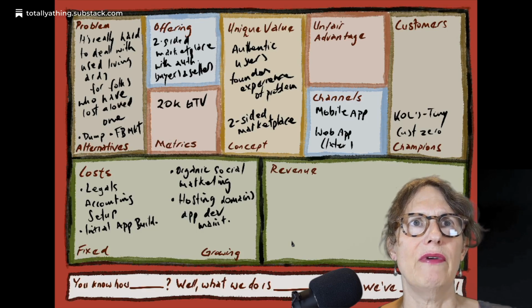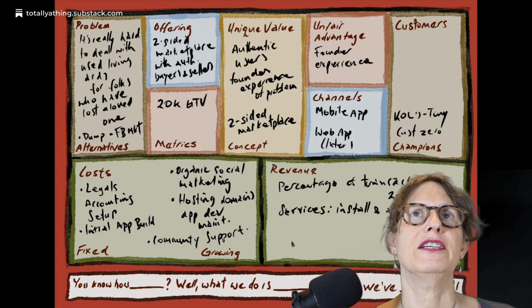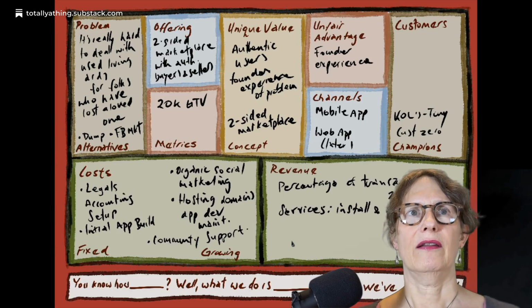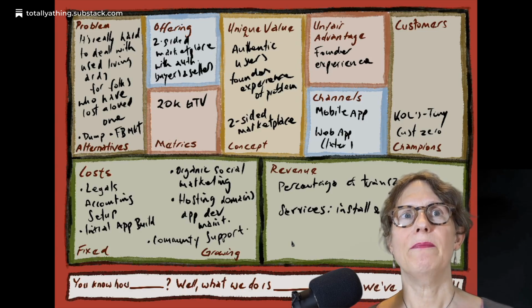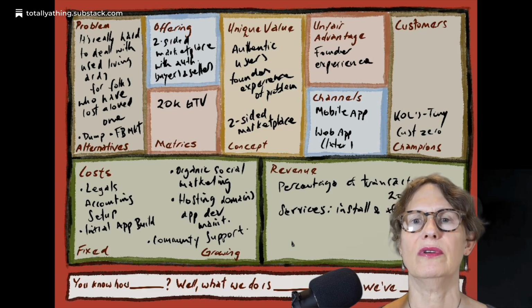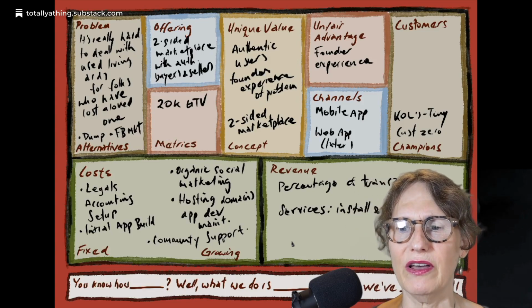So revenue is obviously important. It's good to be realistic. I suggest that the way to think about this one is to think about what you need to make in order to run this as a business. And this is really important if you're looking at some sort of social enterprisey type of thing, which is what Brian was kind of doing.